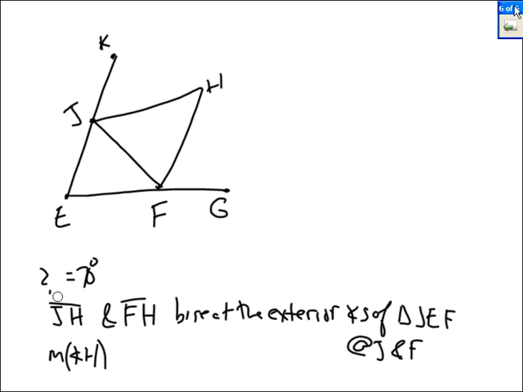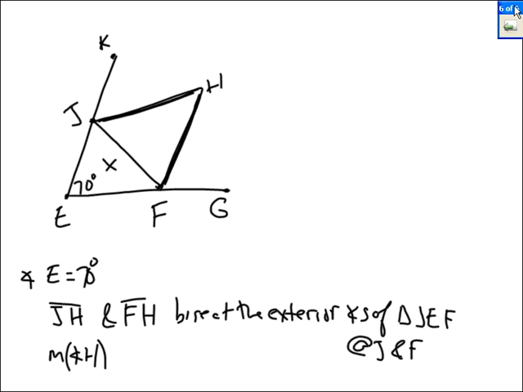Well, although we probably can't read it very nicely, we know angle E is 70 degrees. And JH and FH bisect the exterior angles of triangle JEF. This triangle here. Okay.